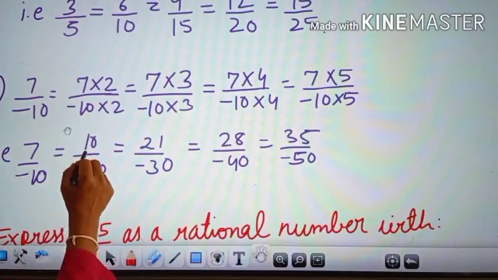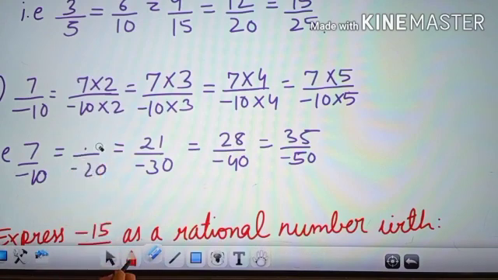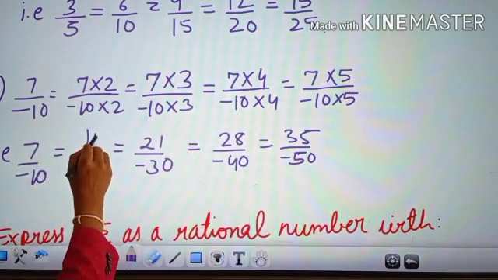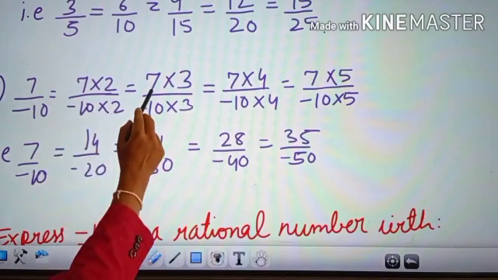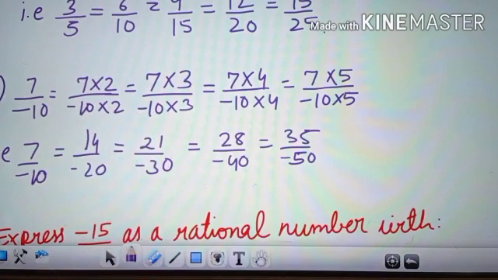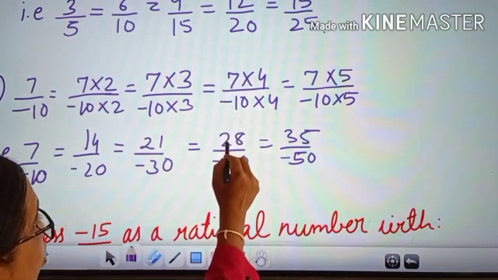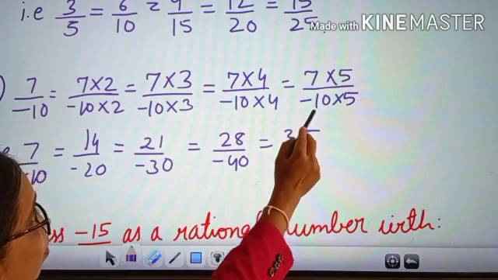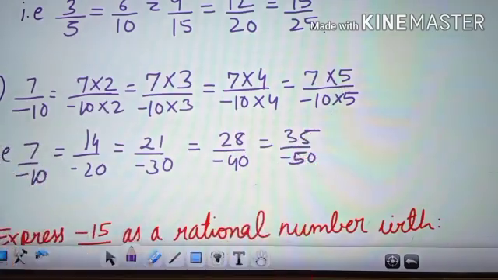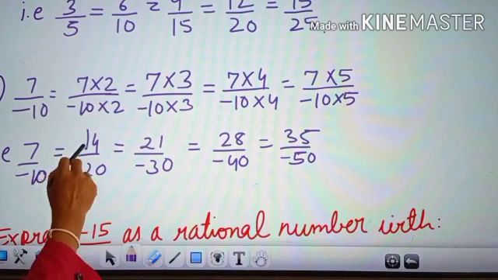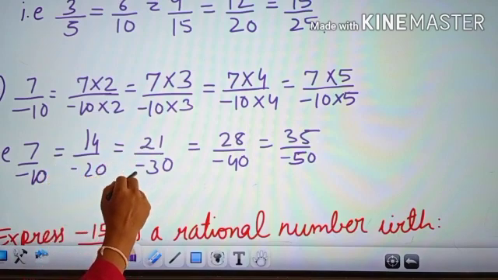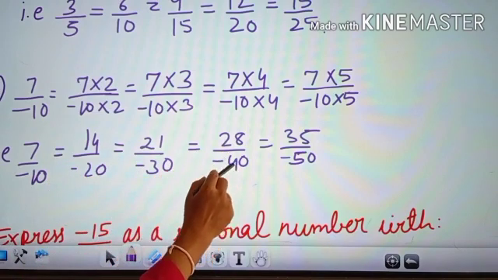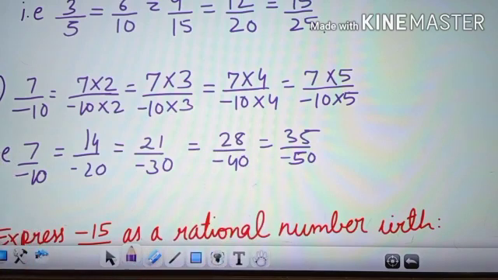Next, 7 2s are 14, and 10 2s are 20, so 14 upon minus 20. 7 3s are 21, minus 10 into 3 is minus 30. 7 4s are 28, 10 4s are 40, so minus 40. 7 5s are 35, and minus 10 into 5 is minus 50. So the 5 rational numbers equivalent to 7 upon minus 10 are 14 upon minus 20, 21 upon minus 30, 28 upon minus 40 and 35 upon minus 50.